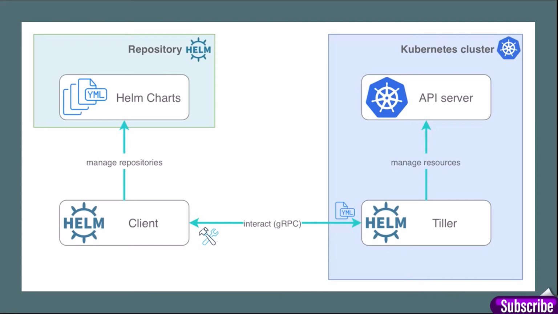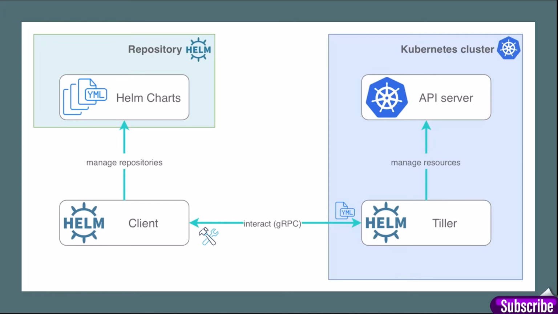Now let's pause this video for some time and look through this diagram. Here we can see a typical structure or architecture of Helm charts. As we spoke earlier, a Helm repository consists of multiple Helm charts, and each Helm chart can consist of multiple YML files such as deployment.yml, values.yml, requirements.yml.